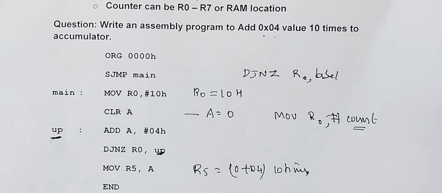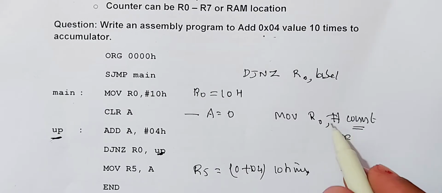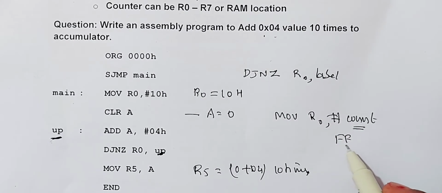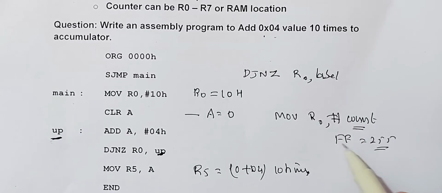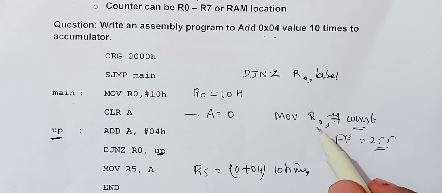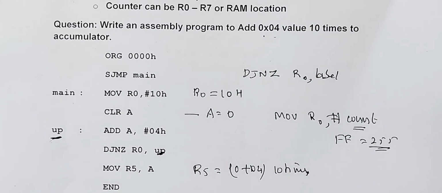R0 is an 8-bit register. Therefore, the maximum value of 8 bits is FF. You can load R0 with a maximum value of FF, that is nothing but 255. So if you load R0 with FF, in decimal it is 255. That is, you can repeat the instruction 255 times.